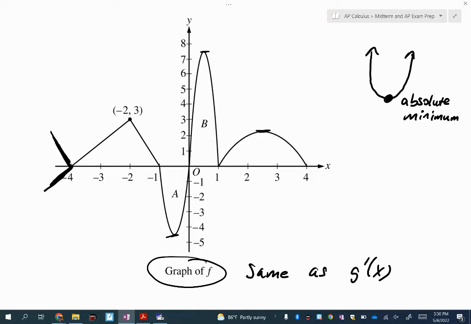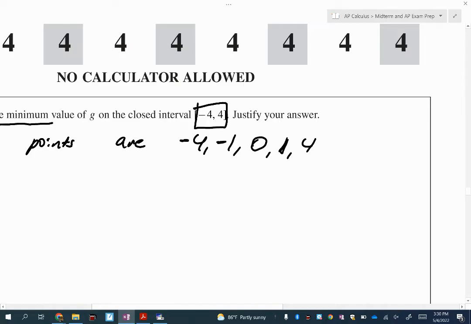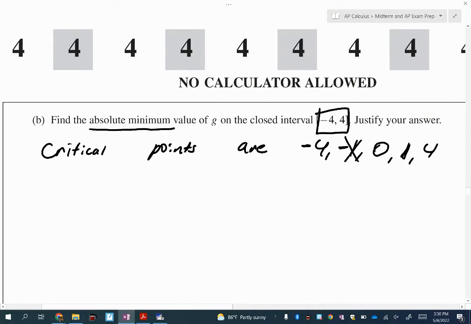Positive y values to negative y values. That means it's increasing to decreasing. Is that what I want? I want the other way around, so -1 is not going to be an answer. If this problem had said find the absolute maximum, could -1 be the answer? Yes, it could, but not for minimum.